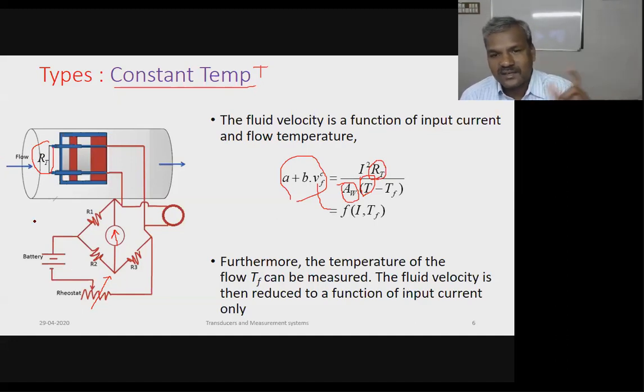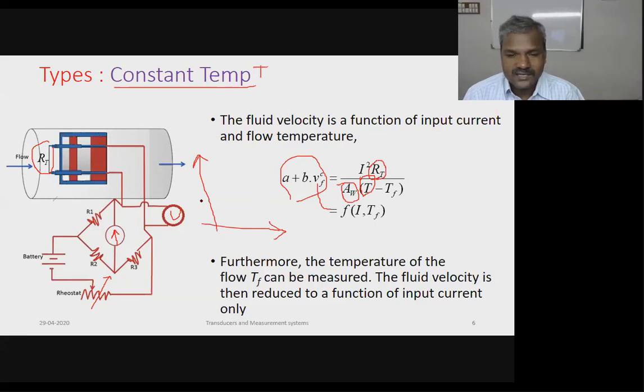The variation of current is measured by the voltage across the probe. So the voltage across the probe is a measure of the fluid velocity.